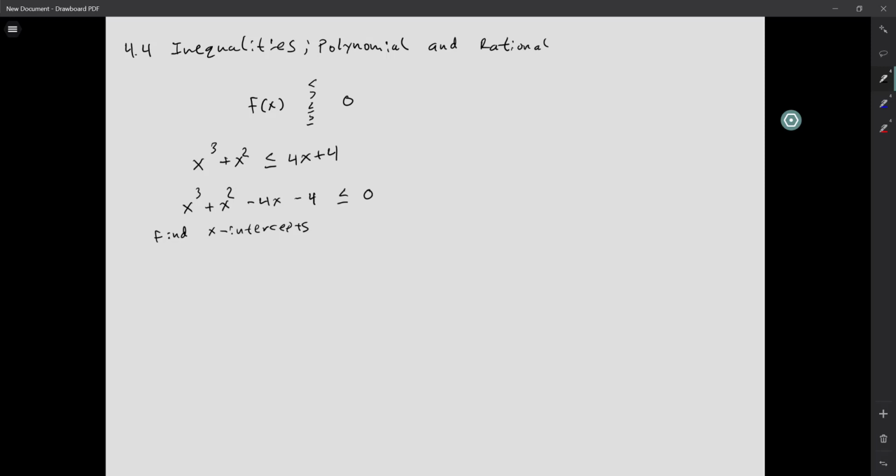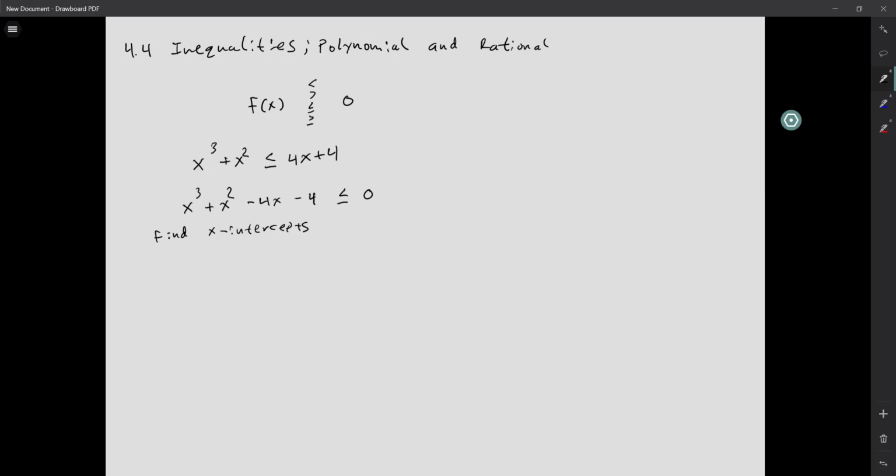When we had quadratics, usually we can factor, or at the very least use the quadratic formula to try to find the x-intercepts. But here I have a cubic, and in fact the higher degree polynomials can be much harder, so the next section, 4.5, is actually going to help with the higher degree polynomials with these types of problems.